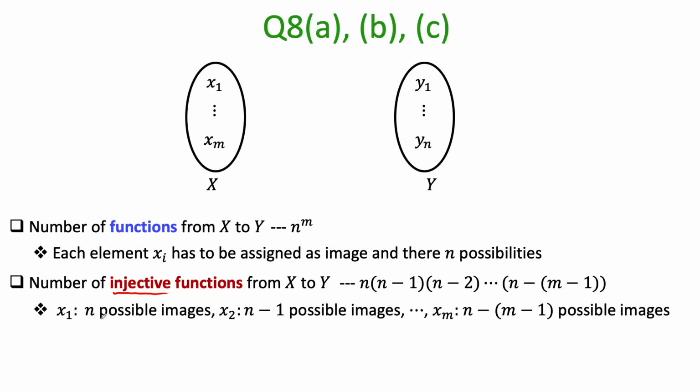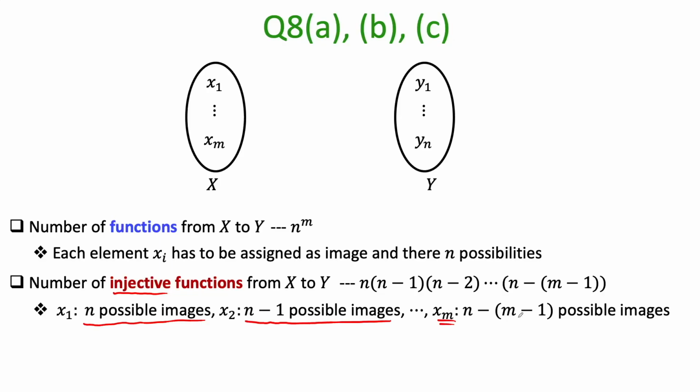So when it comes to selecting an image for x1, I have n possibilities, but once I have decided the image for the element x1, I can't assign that image to the element x2. That's why for x2 I have n minus 1 possible images, and like that, once I have fixed the images for x1, x2 up to x of m minus 1, when I am assigning the image for the mth element from the x set, that image has to be different from all the images which I have selected for the previous elements of the x set.